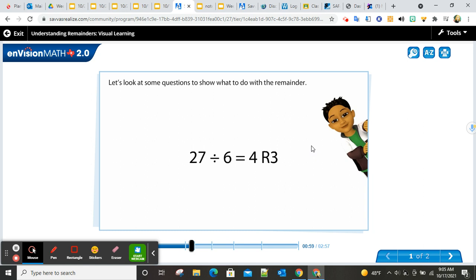So you have to read the question in the math problem to determine what you're going to do with the remainder. And there's basically 3 options, or 3 questions that you can ask yourself. And so that's what we're going to be writing down in our notebook as we listen to the rest of this video.